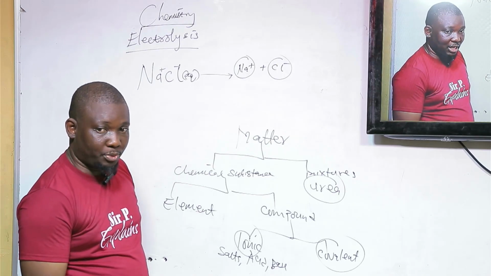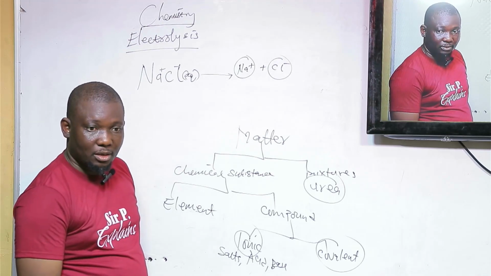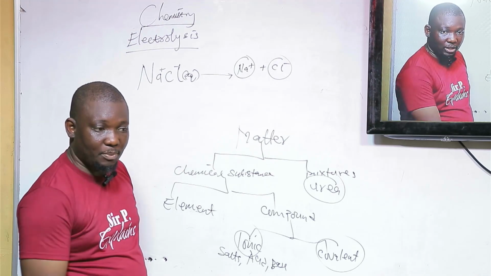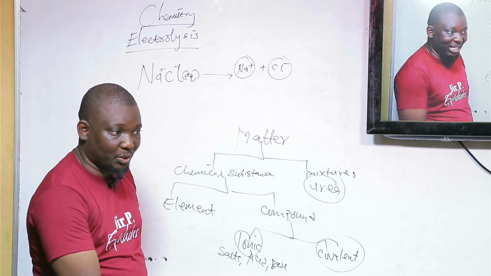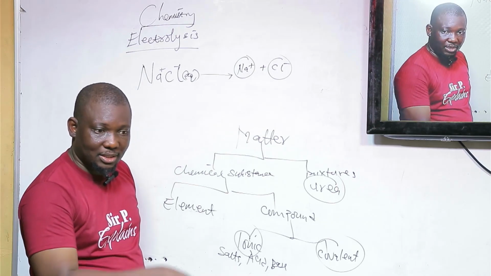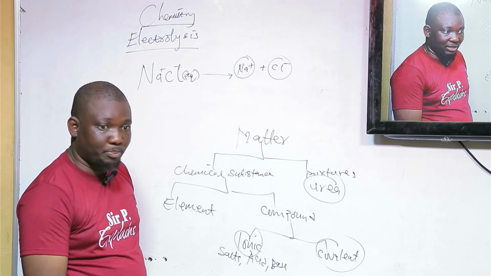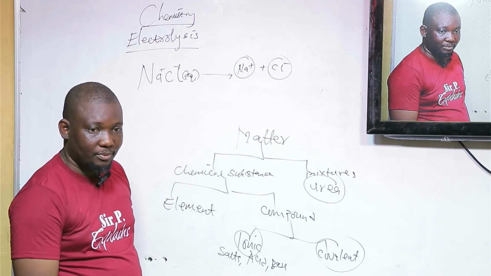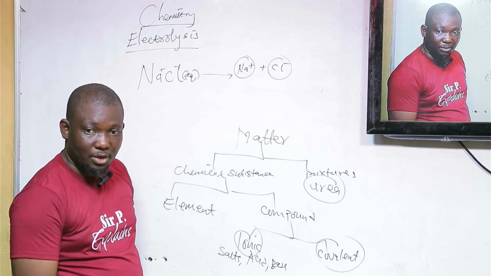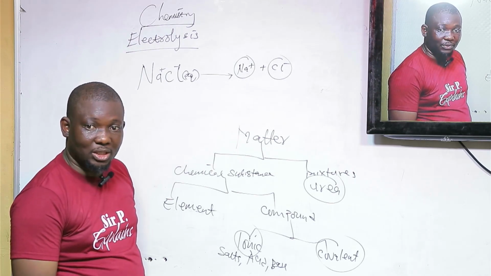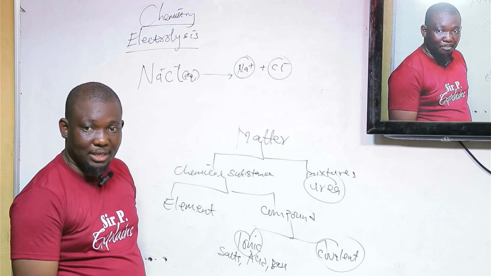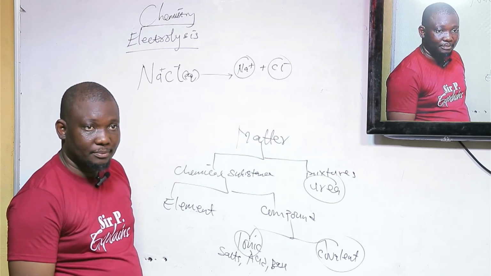So it is a process of splitting something by using what? Electricity. So that means if electricity is not involved, chemical substances are not split. So it means that the reaction there is what? Non-spontaneous, or it is not feasible. But it can only be feasible if the temperature is high or by passing electricity.